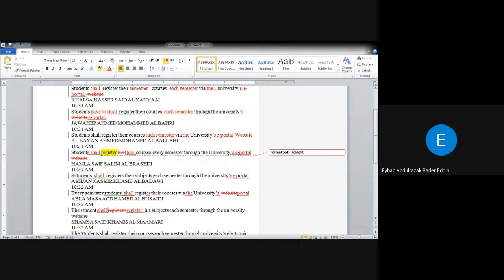Does it refer only to males, or could it refer to females as well? If it refers just to males, then all our ladies here are not included. So in this case, you say his or her subjects each semester through the university's e-portal.